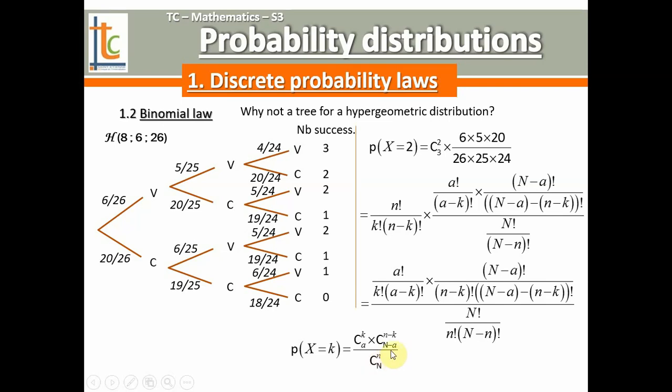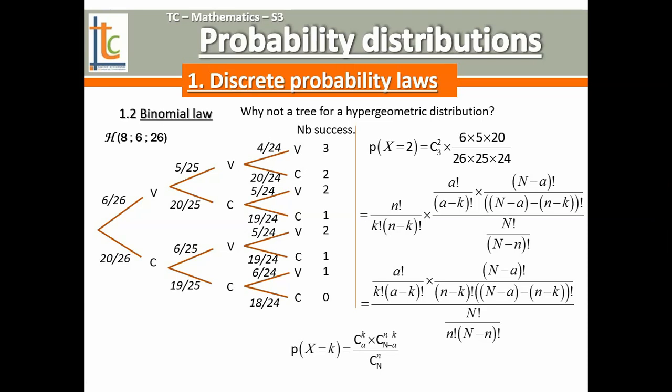So if you take a population size of, for example, 1,500 and a sample size of 500, your calculator is unable to calculate this combination number, C(1500, 500). It exceeds the memory capacities of your calculator.